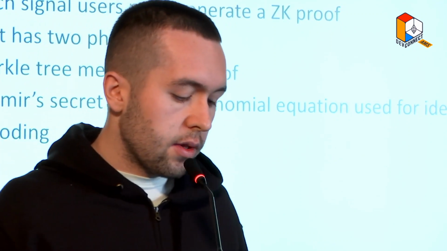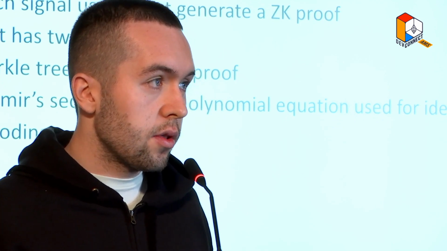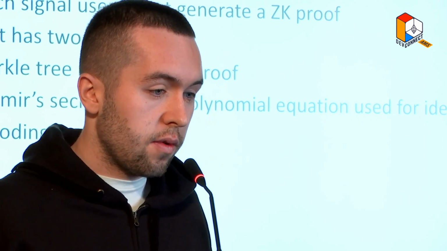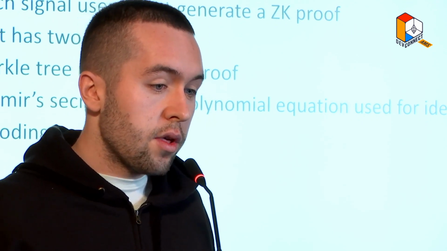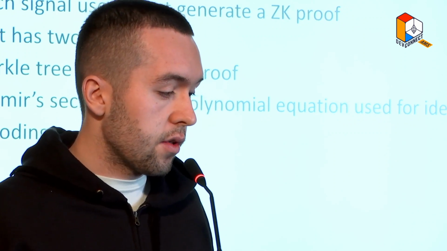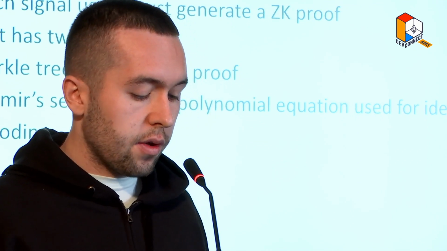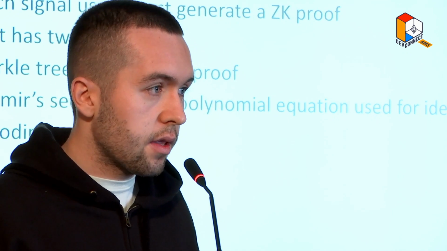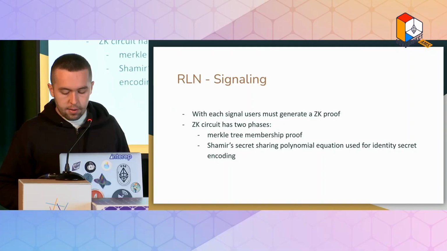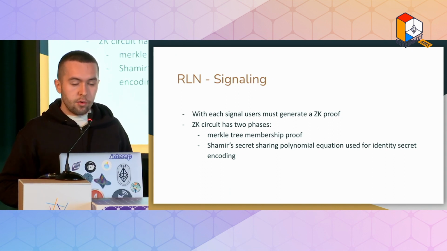So the ZK circuit has two phases. The first one is the membership Merkle tree inclusion verification, and the second phase is construction of a linear equation where we encode the user secret in the first coefficient of the polynomial, and we use a Shamir secret sharing scheme to be able to reconstruct the user's secret from multiple shares.